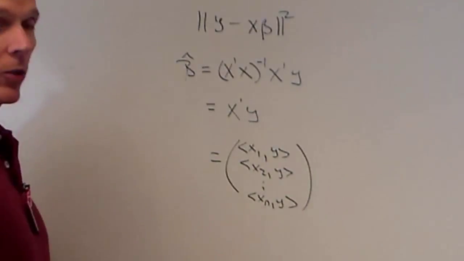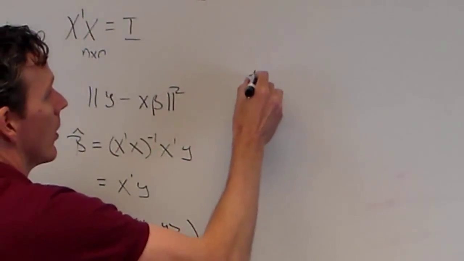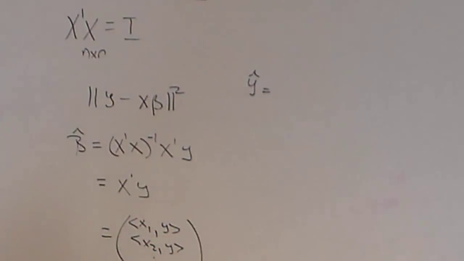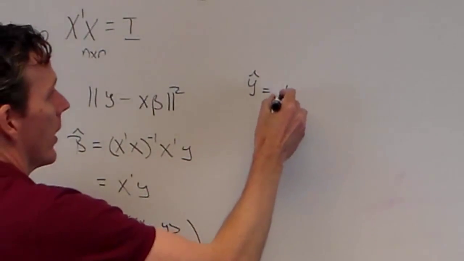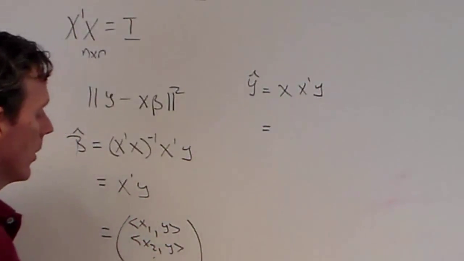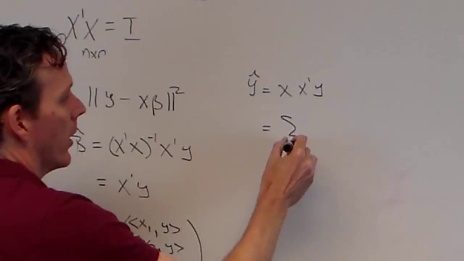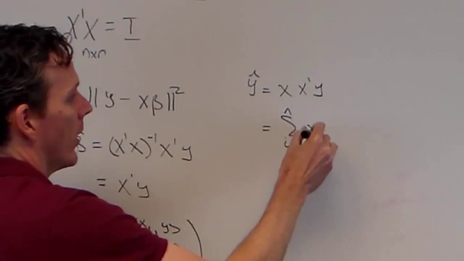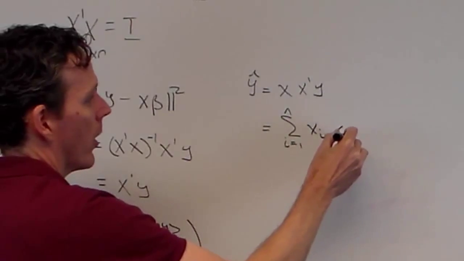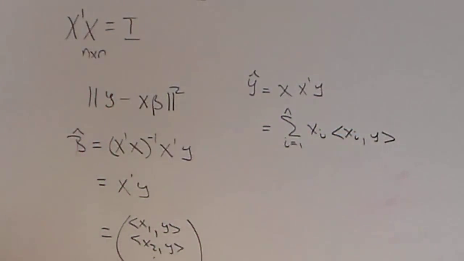And my fitted values, my y hat, which is now going to be x x transpose y, works out to be nothing other than the summation i equals 1 to n of xi times the inner product of xi with y.